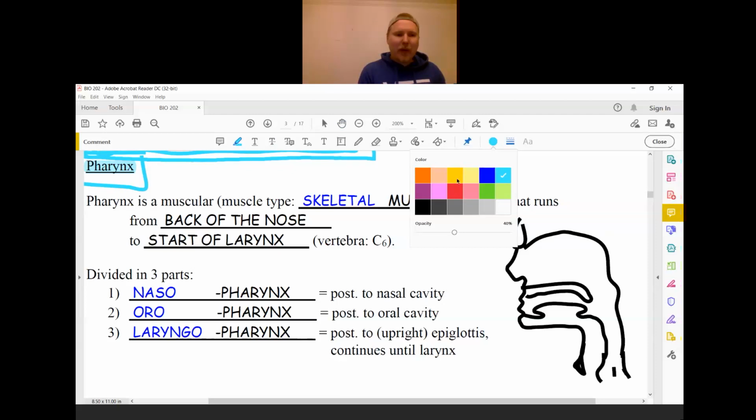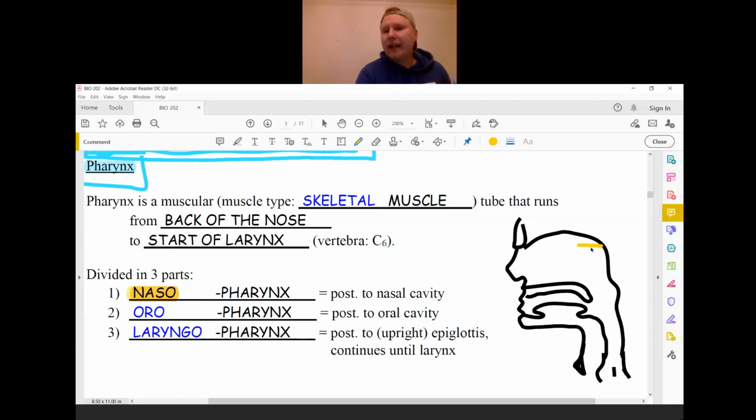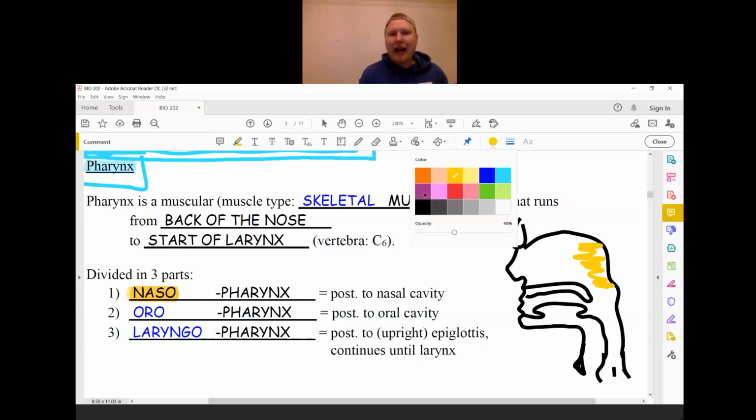Let's start with the nasopharynx. The nasopharynx, as the name suggests, is located immediately behind the nasal cavity. And then we are going to have our oropharynx. The oropharynx is located behind the oral cavity. So let's add that to our diagram.